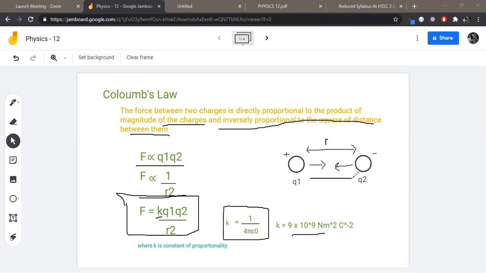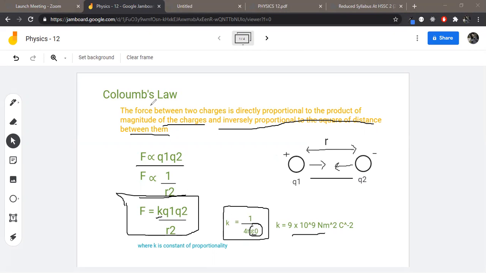Suppose in case of vacuum, the value of this permittivity will be different, and in case of an insulator it will be different. So it basically tells us how much the medium is going to affect the force between these charges. The effect of the medium on our force is basically known as permittivity.